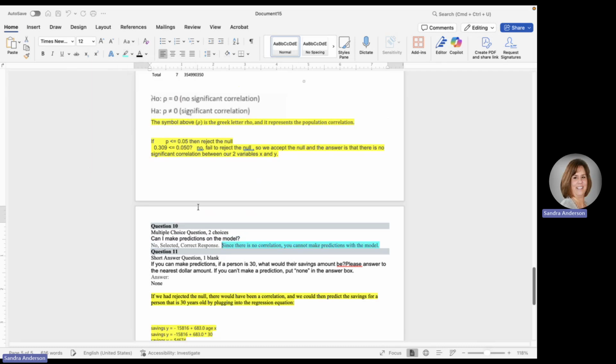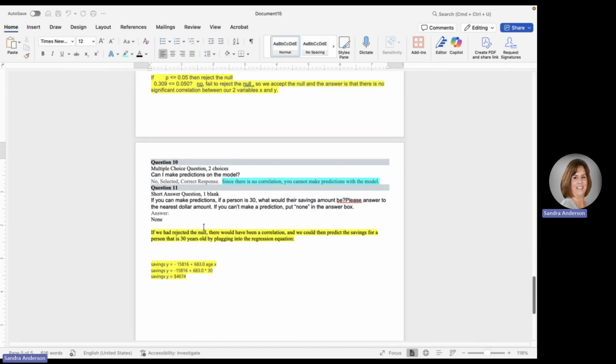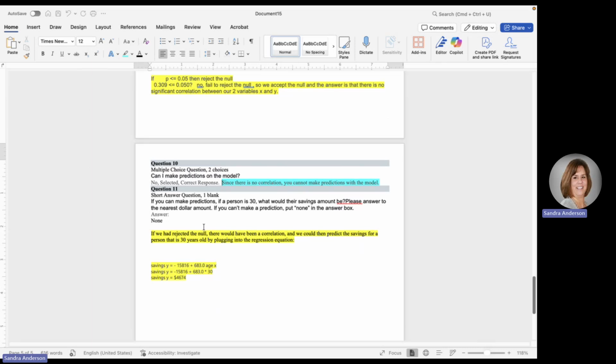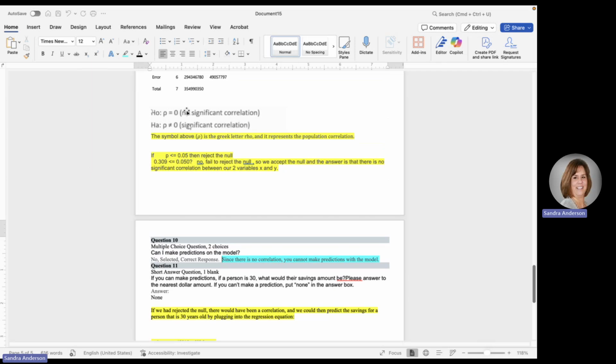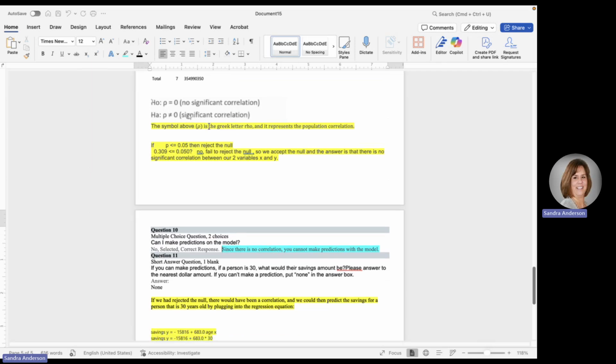And then the final, I want to go ahead and go through the final step here to show you what to do if you could make a correlation. So had we rejected the null, we would have found that our answer would be that there is a significant correlation.